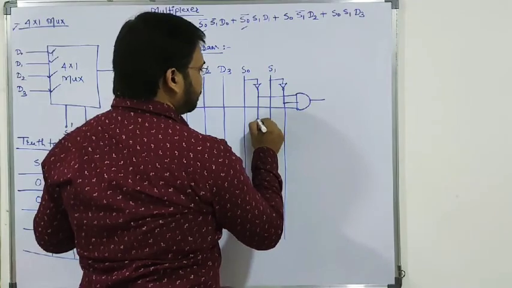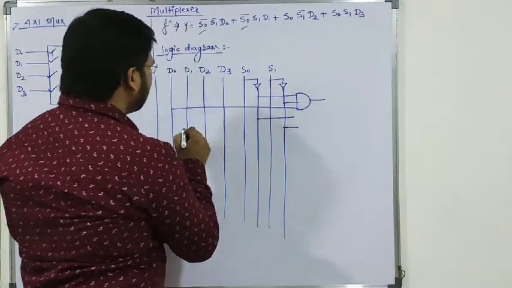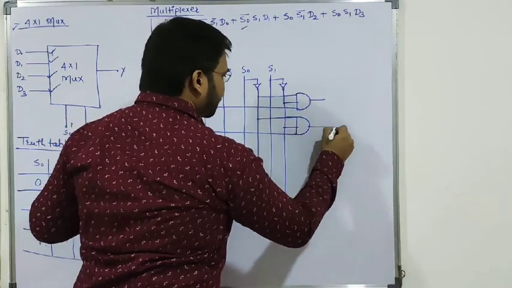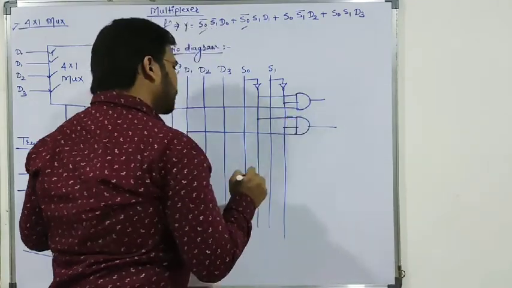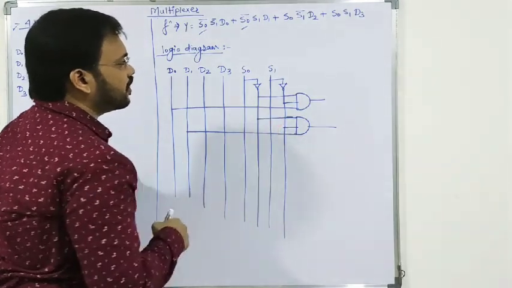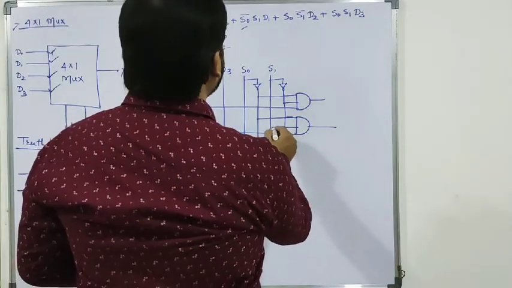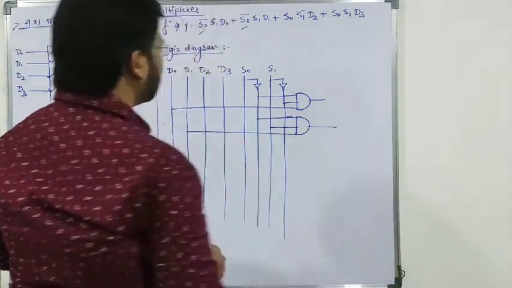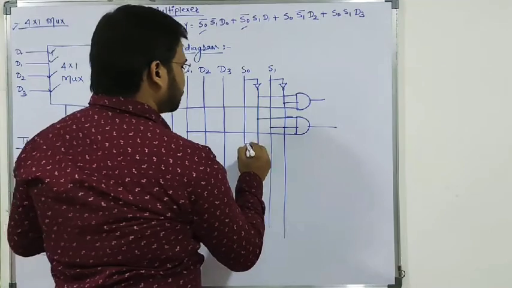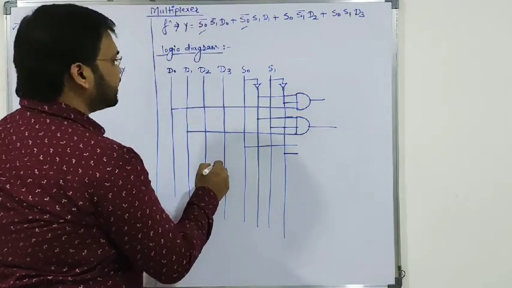So here S0 bar, S1 and D1 are applied to another AND gate. Next is S0, S1 bar and D2.